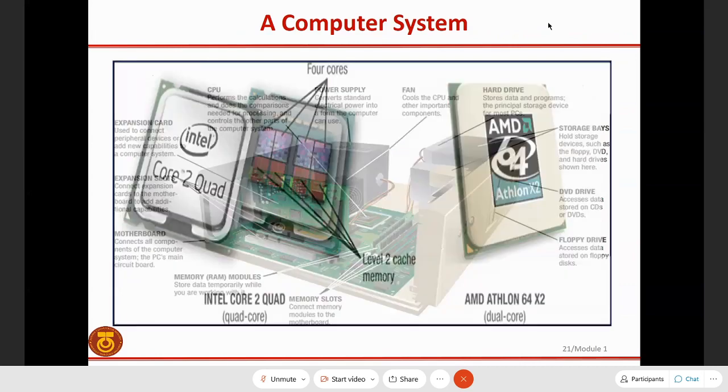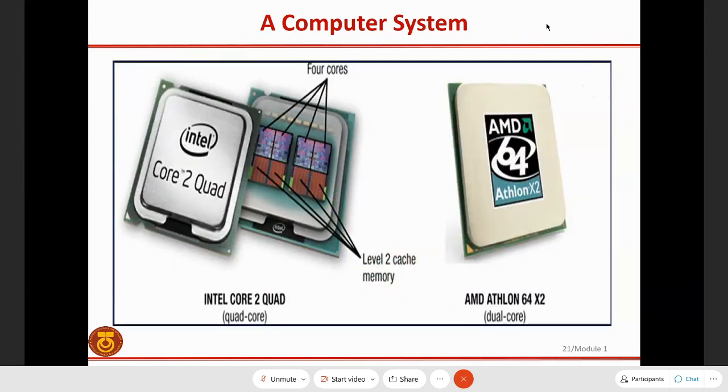Okay. Skip this. You can just look at this. So for a general computer system, you can see there's a quad core or dual core system in the CPU like this. If you go further, those who are from SKEL, I know the majority of you are from SKEE.